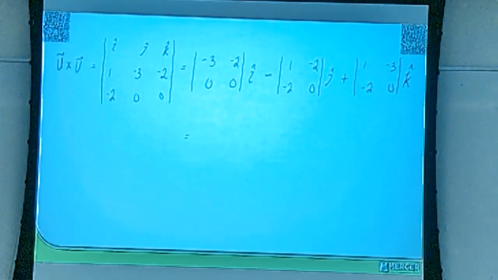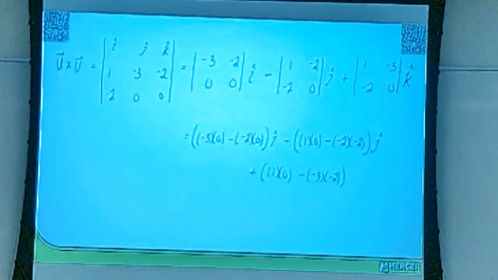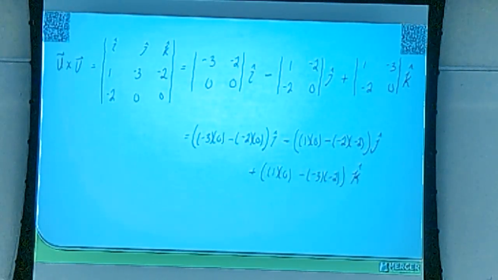So I'm going to do it this way. Again, I'm going to write it out. That's i. It'll be 1 times 0 minus -2 times -2. That's j. And then plus 1 times 0 minus -3 times -2. k hat.